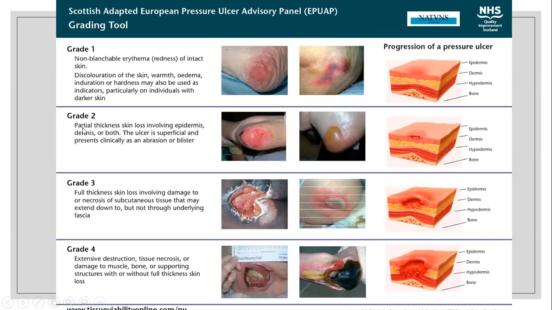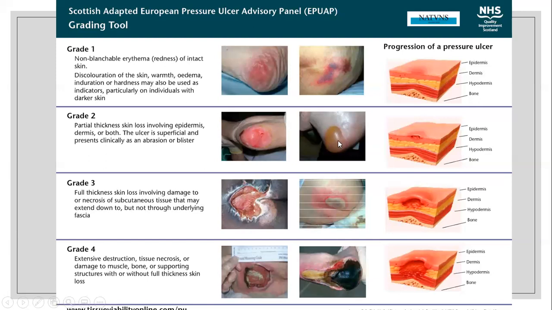Grade 2, we say partial thickness skin loss involving epidermis, dermis, or both. The ulcer is superficial and presents clinically as an abrasion or blister formation.